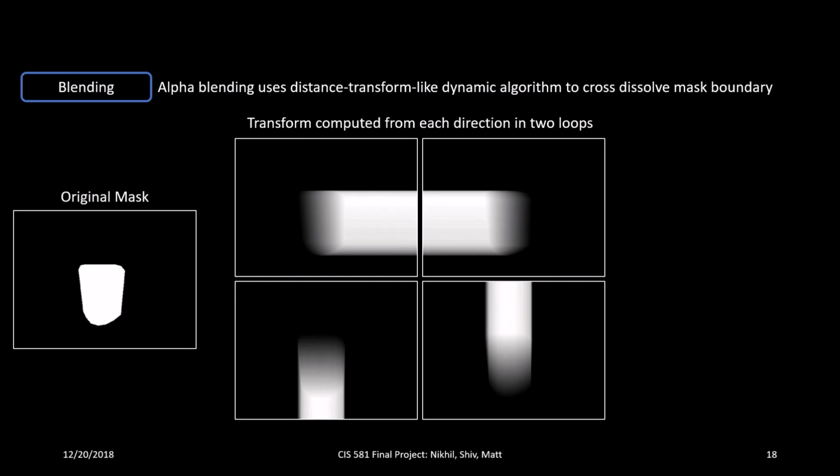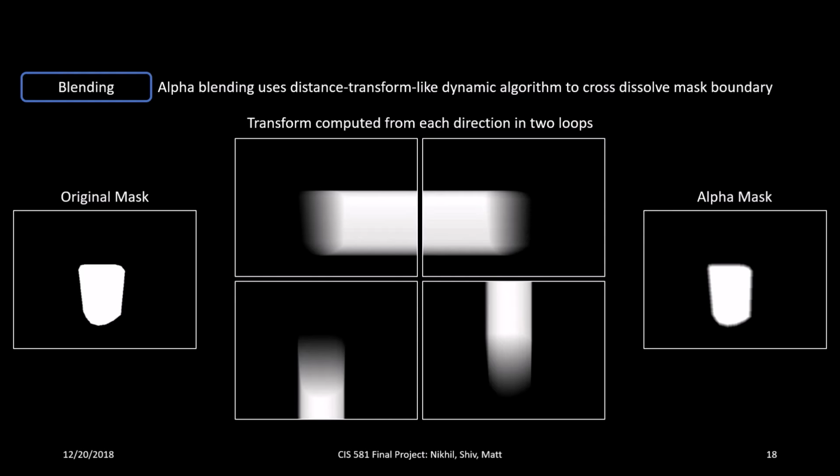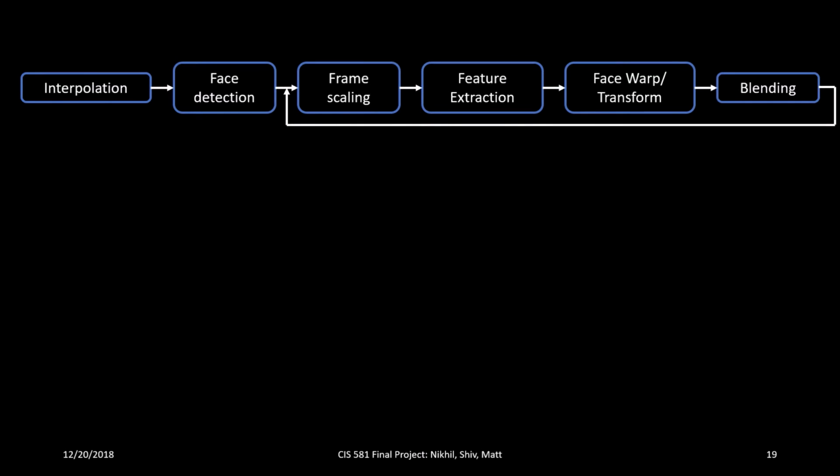So you're taking a fraction of the mask image, and then it's a dynamic programming algorithm, so you're also adding the fraction from the row or column previous. The result is that you put all these 4 frames together, you take the minimum at each step, and then you clip between 0 and 1, and then you have this alpha mask that you can use to cross-dissolve the 2 images. That is the final step. At this point, we've gone through the whole process flow. That frame would be saved to the output video, and we'd start back up at the frame scaling step.